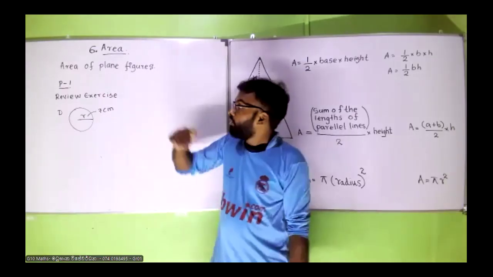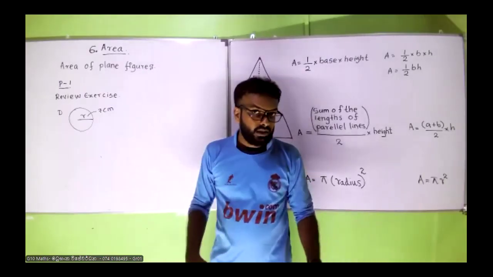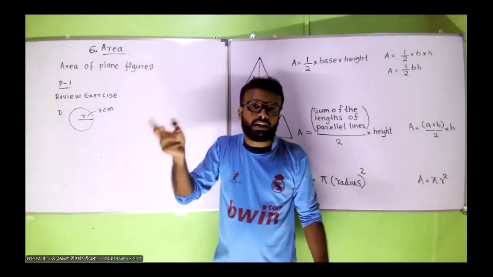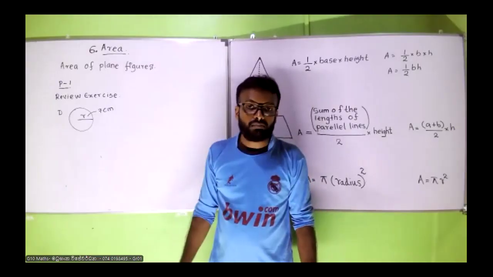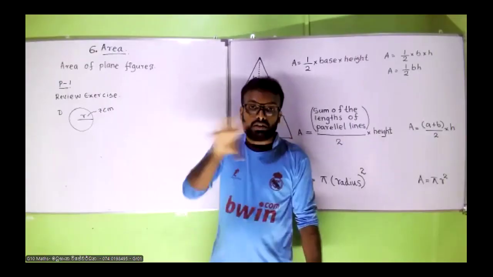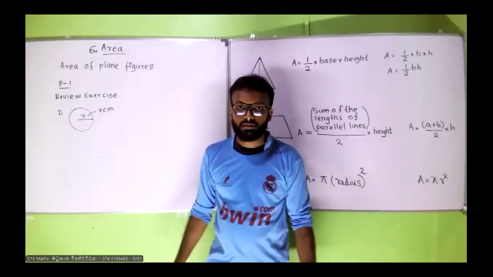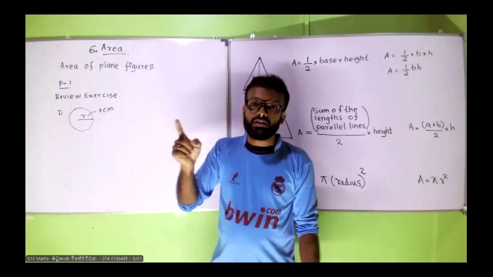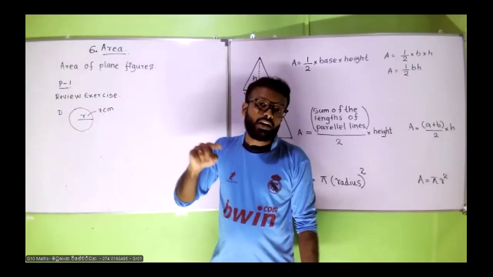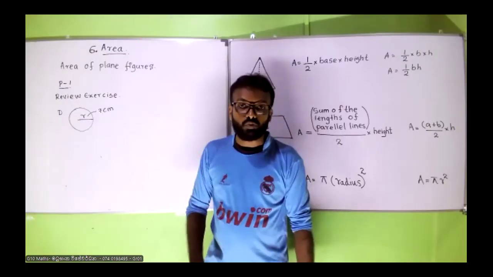But when it comes to the area lesson, we are going to multiply two different lengths or same lengths: centimeter into centimeter, kilometer into kilometer, meter into meter. So the final answer will be meter to the power 2, centimeter to the power 2.